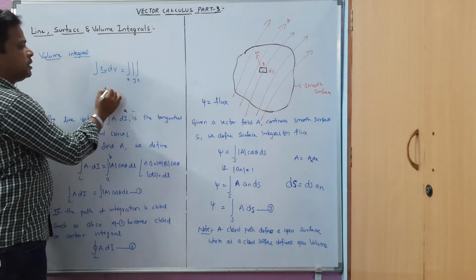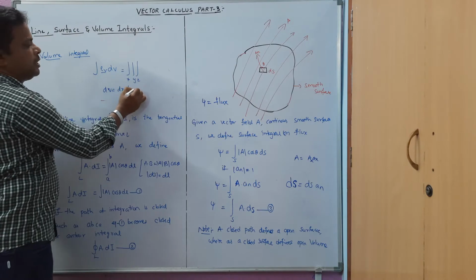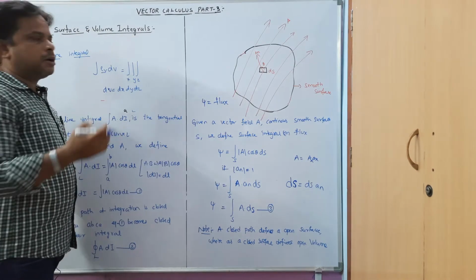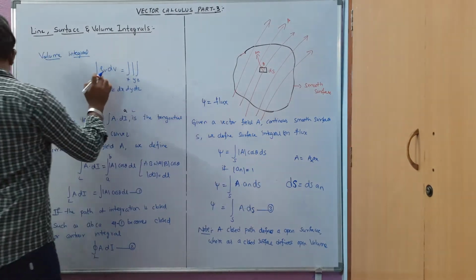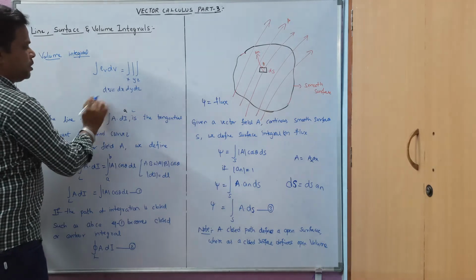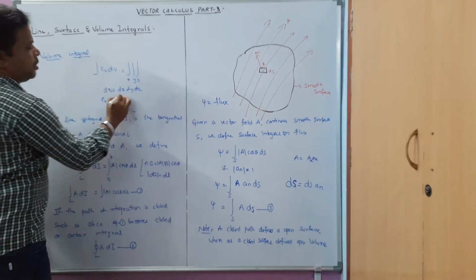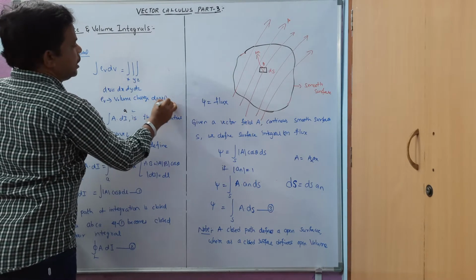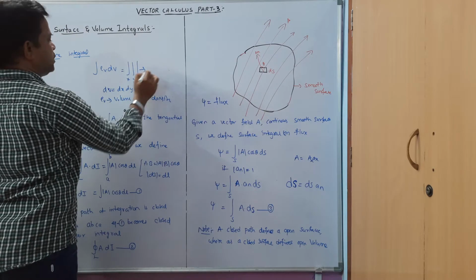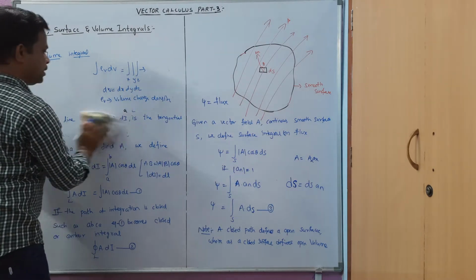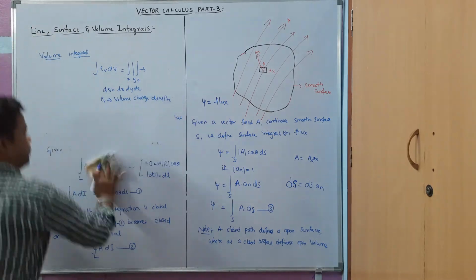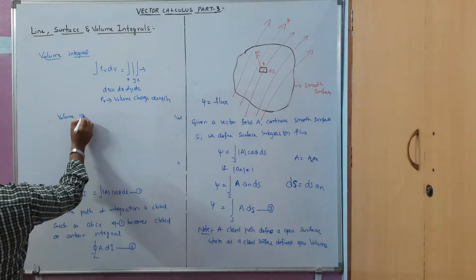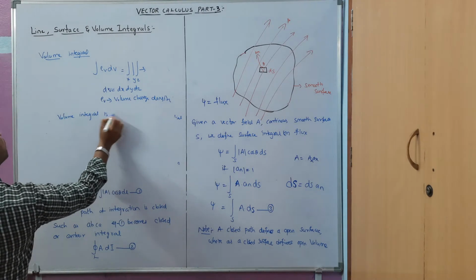If dv is Cartesian, we take dv as dx dy dz and so on. So this differential volume changes according to the coordinate system. Rho v is defined as the volume charge density here, and the volume integral is always a scalar.